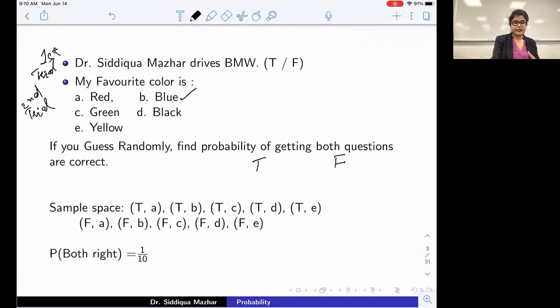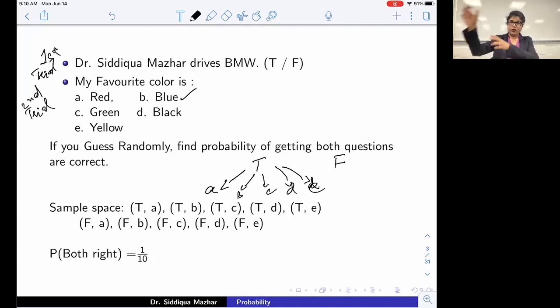The second experiment has choices with equal chances of occurring: red, blue, green, and so on. If you choose true, then you have the choices true A, true B, true C, true D, and true E. These are the choices we can have when we combine them together.